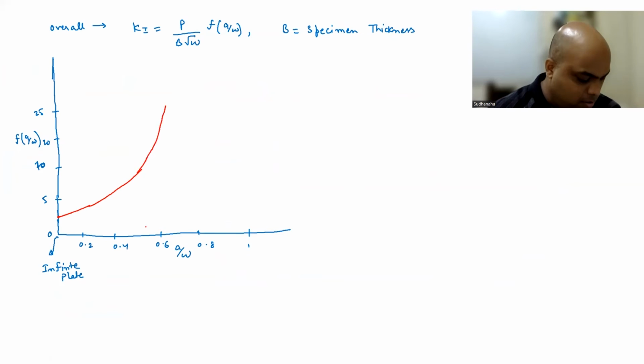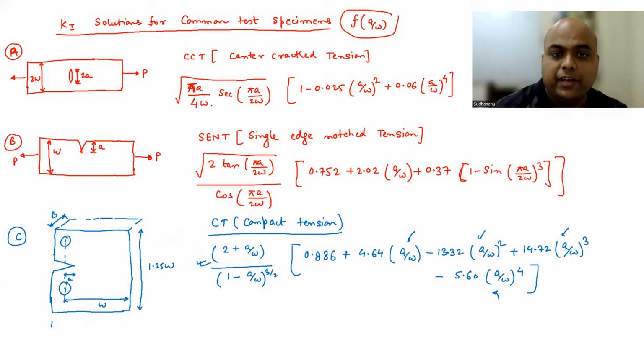Something like this. For SENT and CCT, if a/W tends to 0, the value goes to 1. Okay, because if I talk about CCT now, set a/W as 1. All the right terms in the expression here will be 1, but a/W is here, right? So this is 0.